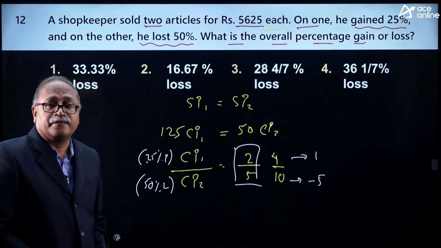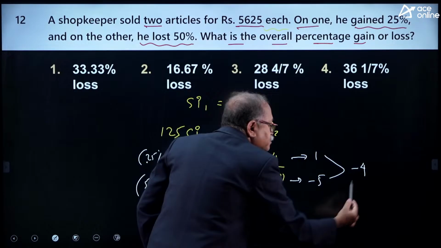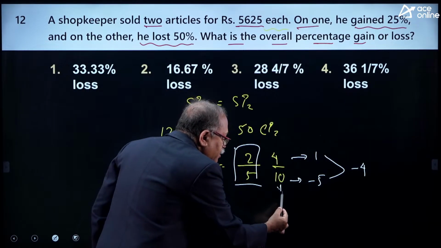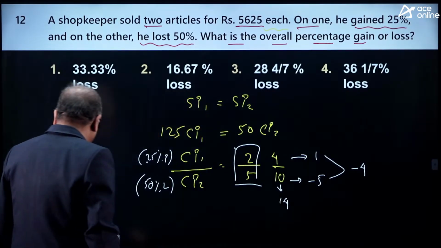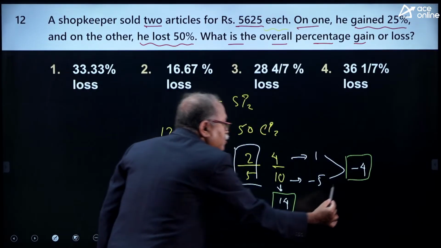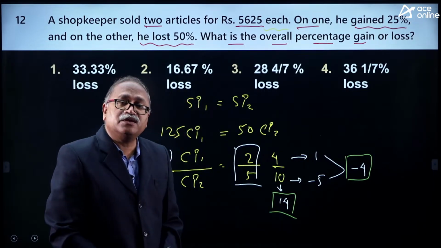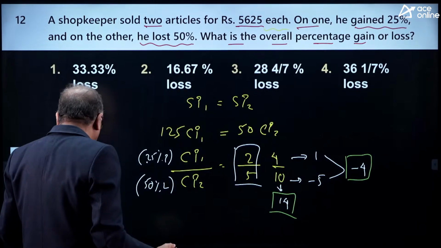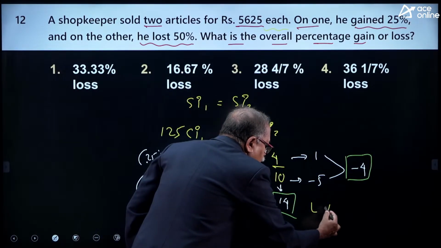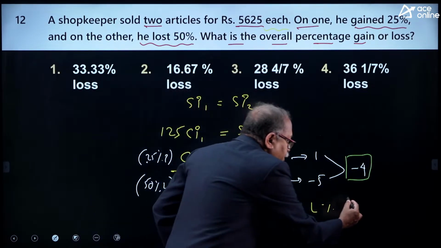This is loss. So, overall what happens? There is a loss of 4 over the total cost price, that is 4 plus 10, which is 14. Now, this is the total cost price and this is the overall loss. So, what is the profit percentage? I am sorry, loss percentage, that is 4 over 14, that comes 2 by 7.